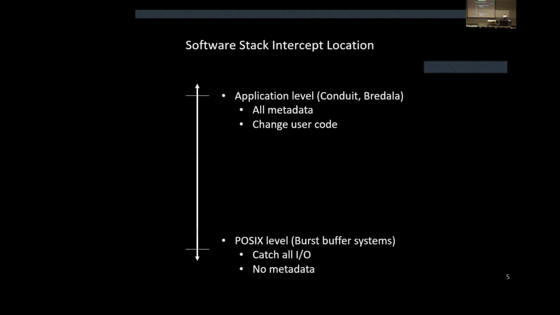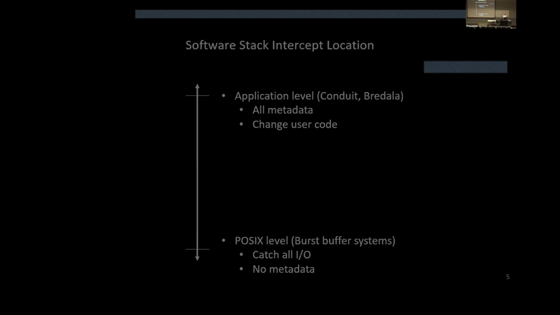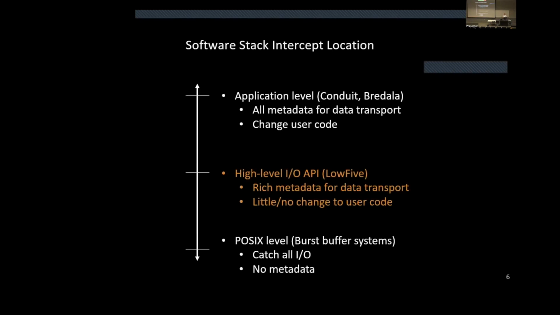The opposite extreme is to rewrite the data model at a high level in a completely different way. Conduit, Blueprint, other tools, ADIOS, perhaps you could say do this. That requires changing the user code, though, to adopt that data model instead of what they may have natively done. Of course, for us, the middle ground is to use HDF5, requiring no changes to the codes as long as they're using HDF5 or something that has an HDF5 backend.